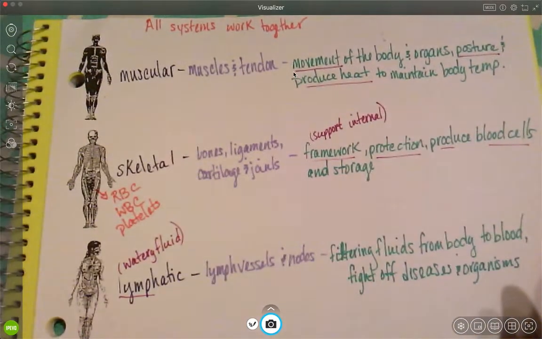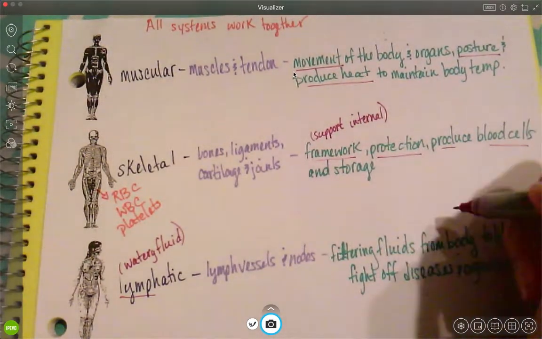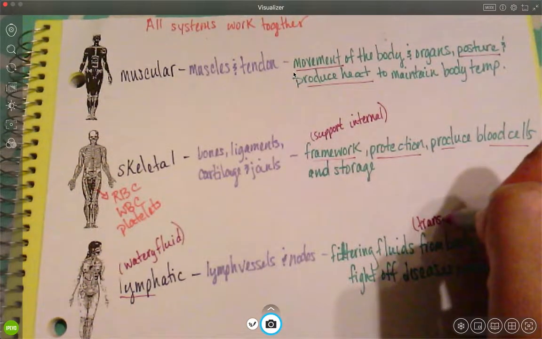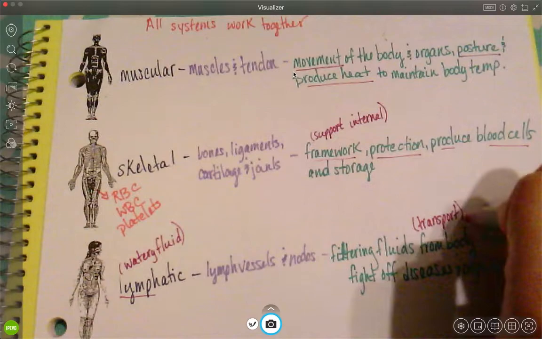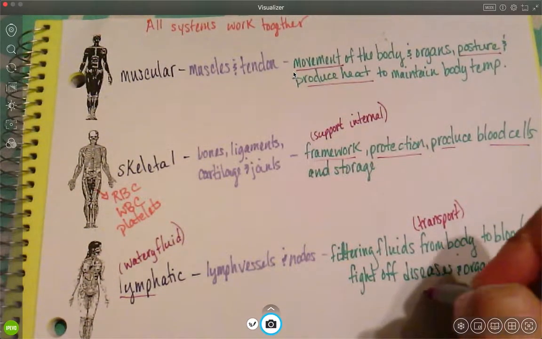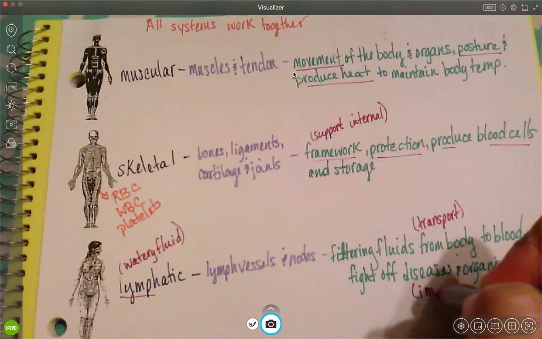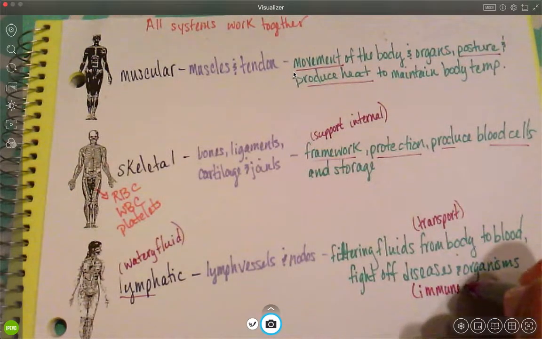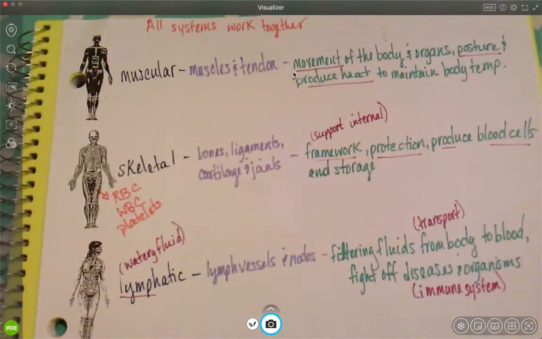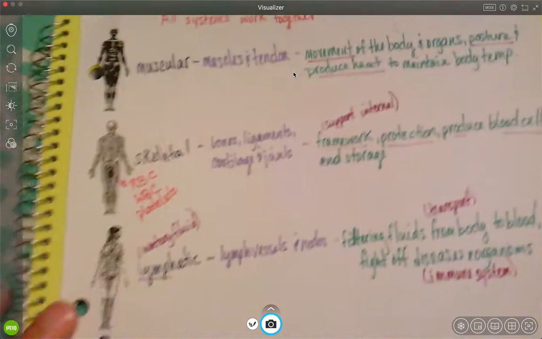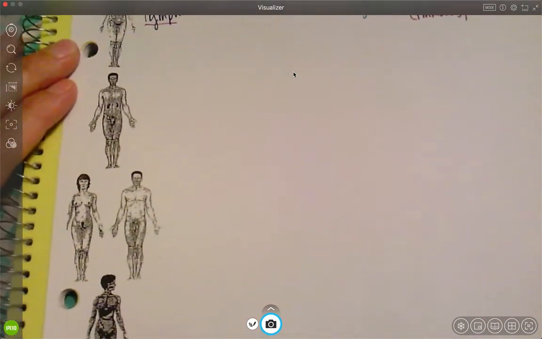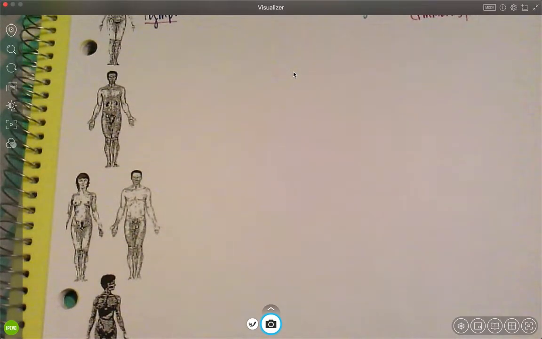So when we look at this, this filtering fluids is going to be part of our transportation. And then the second part, the fighting off diseases, is part of our immune system. So we've got transport in there, and then we've got the immune system in there. So let's look at our next couple of parts.